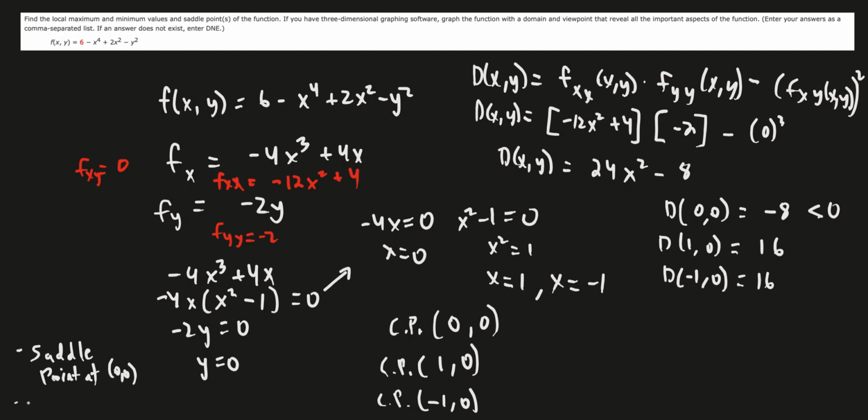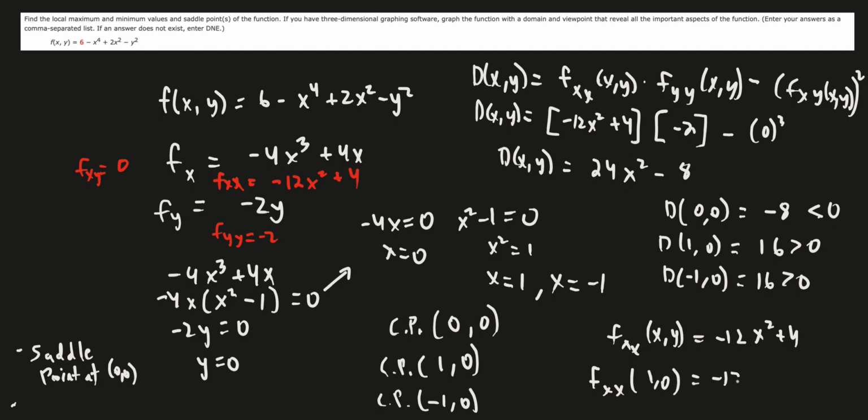That's our first thing that we can say. And then this is greater than 0, this is also greater than 0, so we have to move on to f_xx at (x,y), which is negative 12x squared plus 4, and f_xx at 1, 0 is negative 12 plus 4, negative 8. f_xx at negative 1, 0 is the same thing, negative 8.